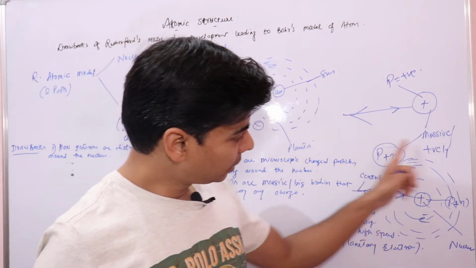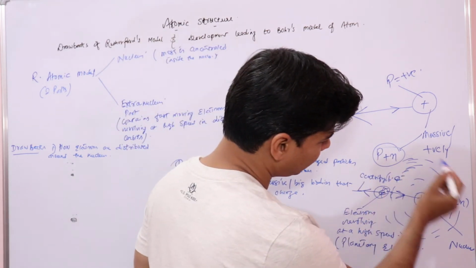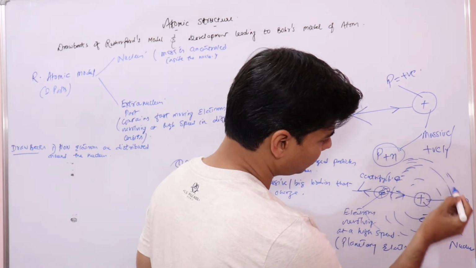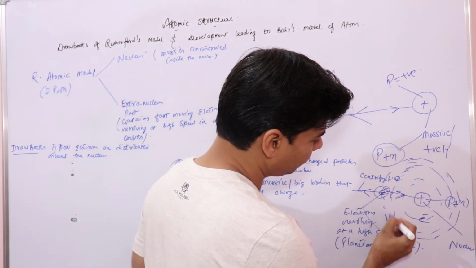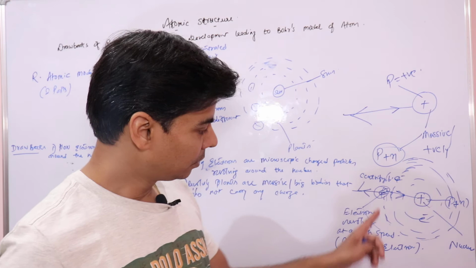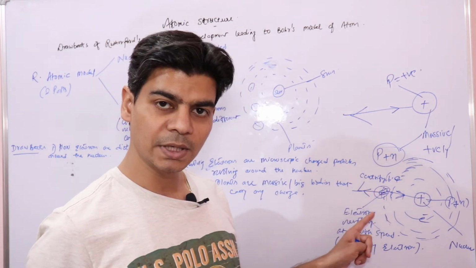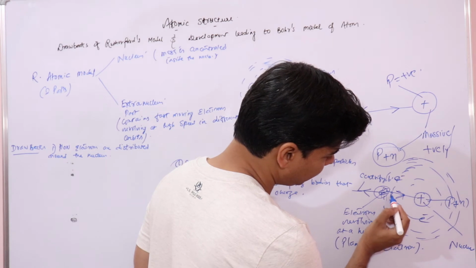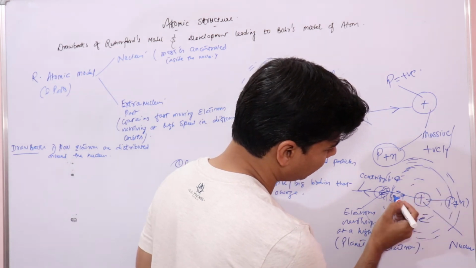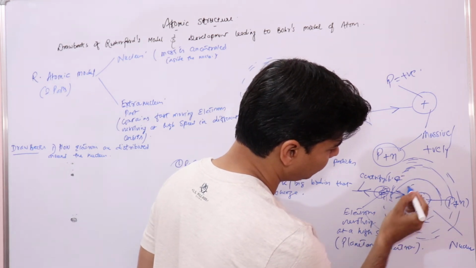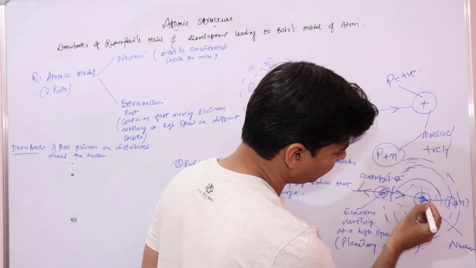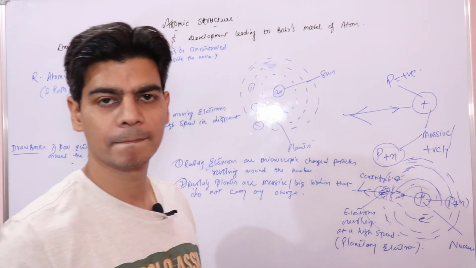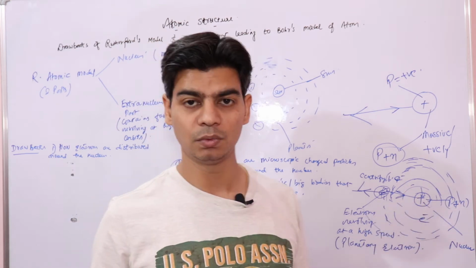So when it loses energy, if this electron is revolving in the outermost orbit, it will keep falling into inner orbits, right? It will first come to this orbit, then to this orbit, then to a more inner orbit, and finally it will fall into the nucleus, thus destroying the atom.